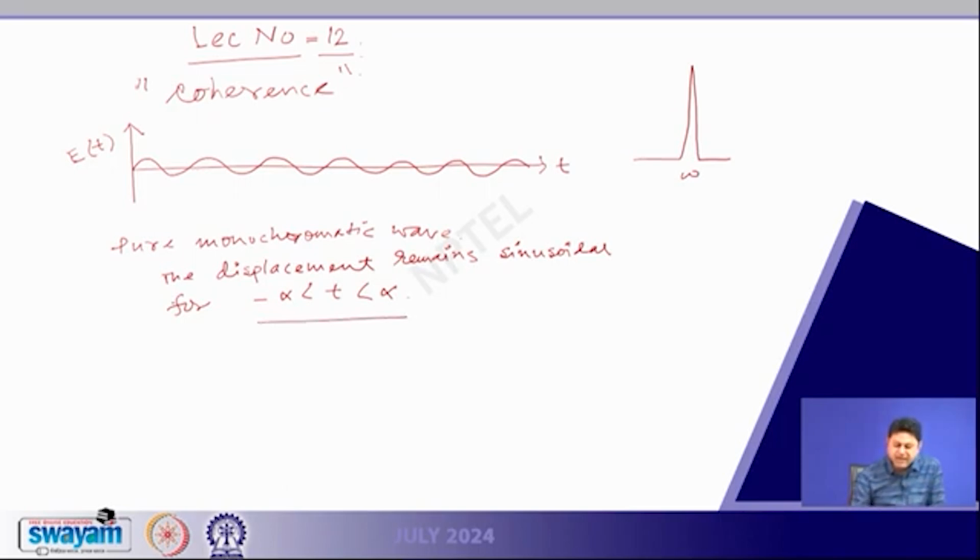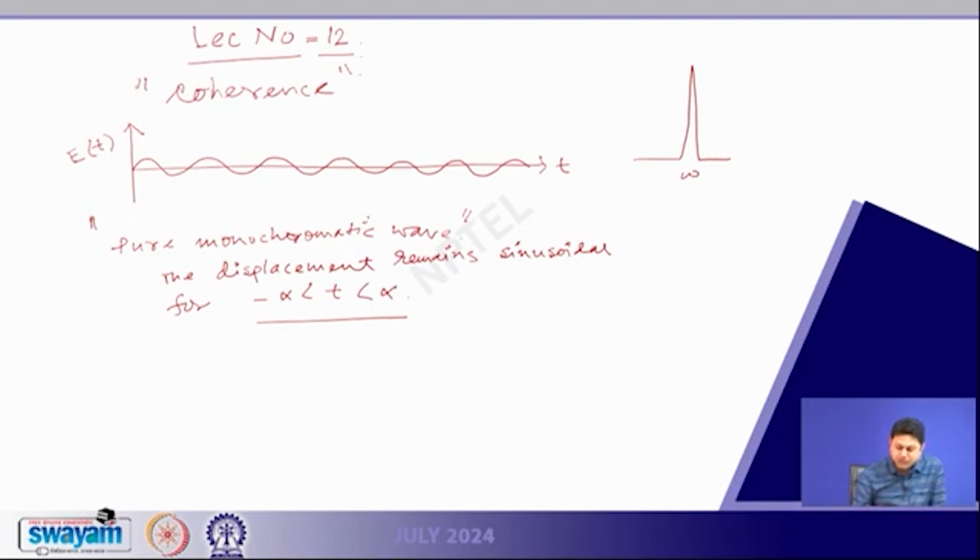So we have a continuous flow of wave without any jump or phase distortion over time. This is the most ideal case, and we call it the pure monochromatic wave.